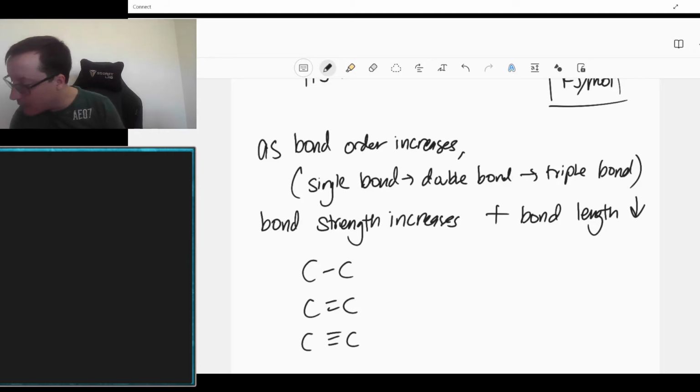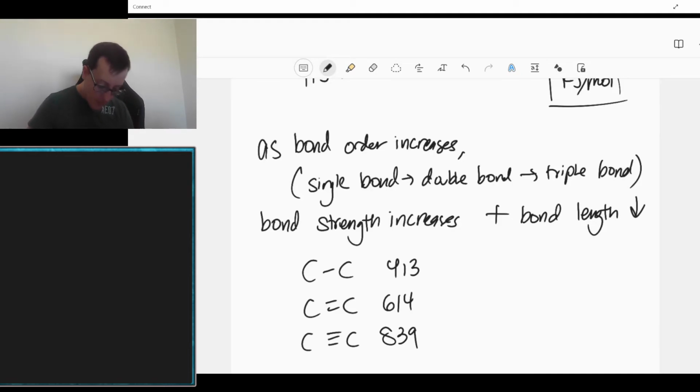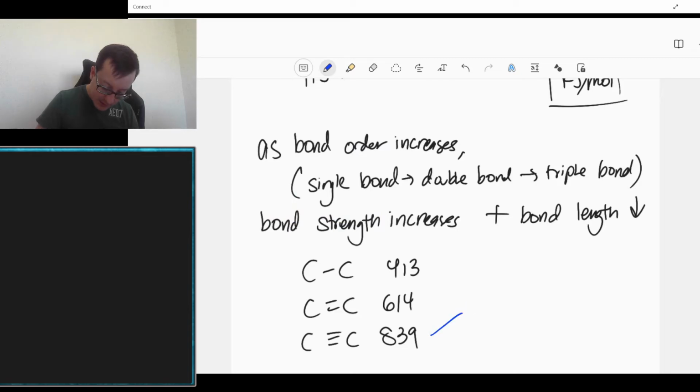So for these values, I have the bond enthalpies here: 413, 614, and 839. These are the bond enthalpies. So we see here that it takes a lot more energy to break this, right?